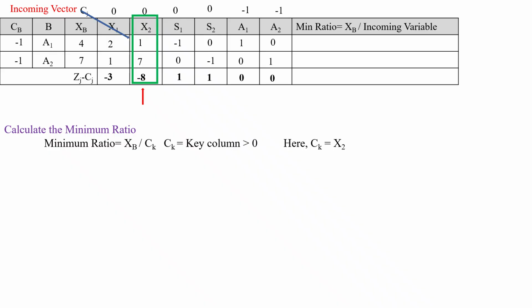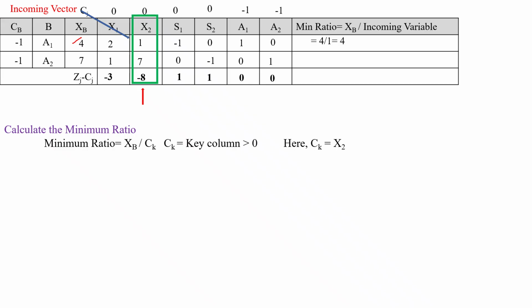So the next step is to calculate the minimum ratio of xB divided by the coefficient of the incoming variable. For the first row, the xB value is 4 and the incoming variable coefficient is 1, so 4 by 1 equals 4.